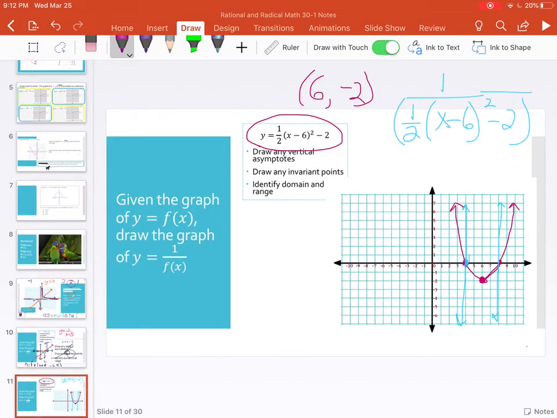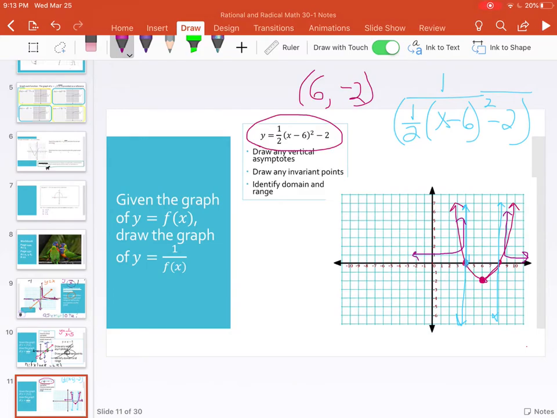Your graph is going to approach that asymptote. So it's going to look something like this. So it's approaching the asymptote on both sides. Now, if you ever wanted to know how to draw the graph, you could take any y value and just put 1 over that y value.